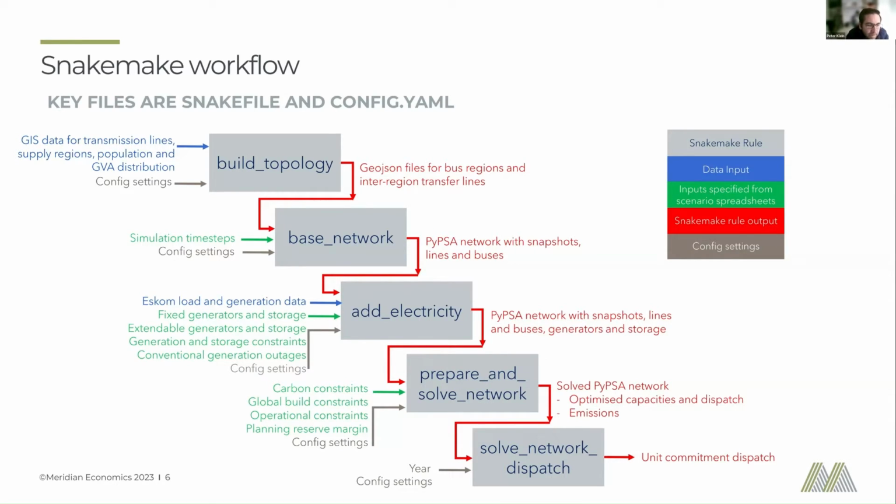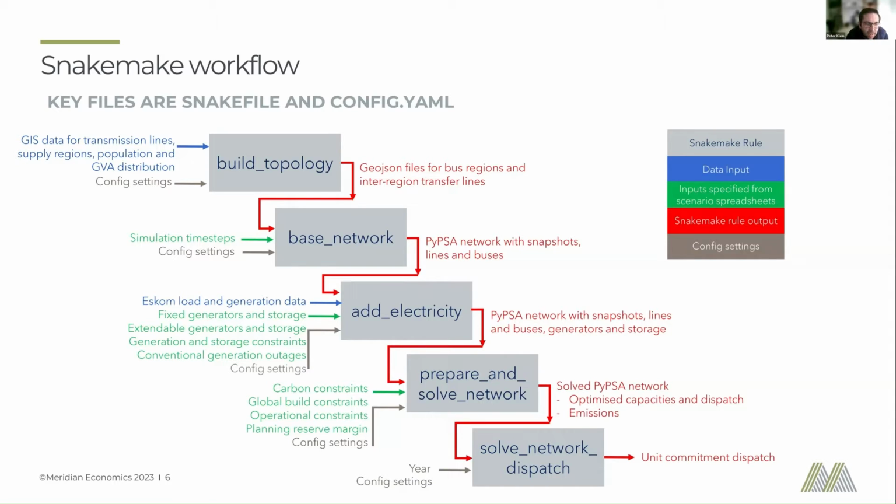The next step is one of the more involved scripts within the model. And this is really about how we populate the network with all the information about different generators and storage technologies.